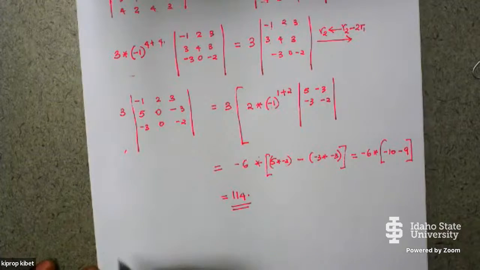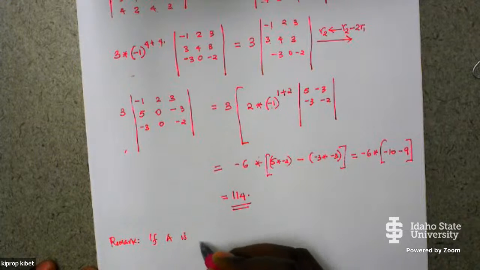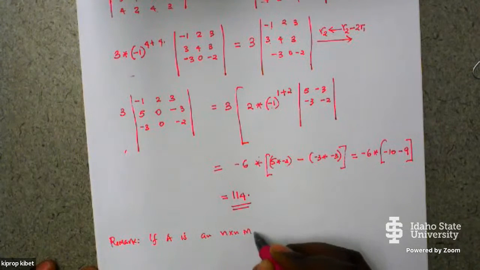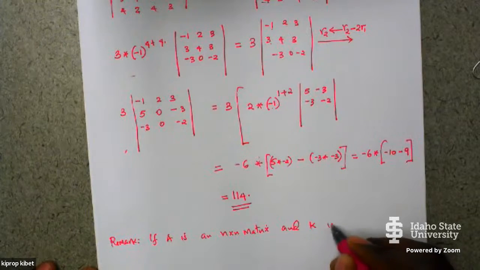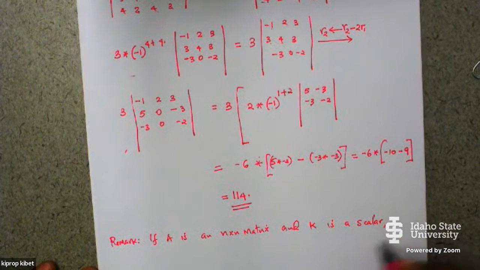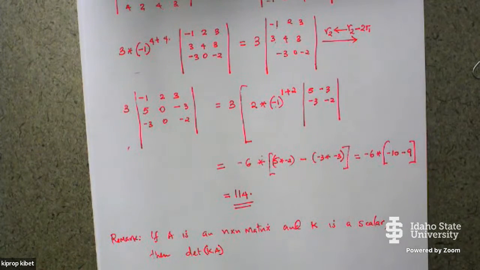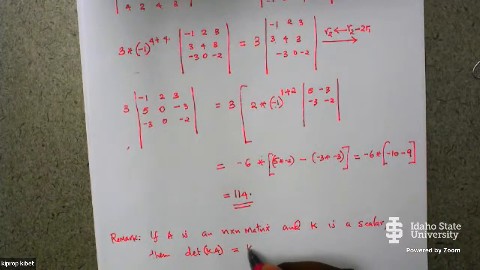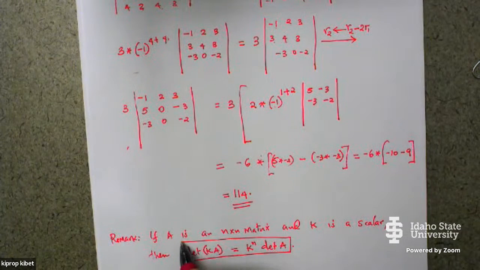Okay, remark. If A is an n by n matrix and K is a scalar, then the determinant of KA is equal to K raised to n times the determinant of A. This one is so important.